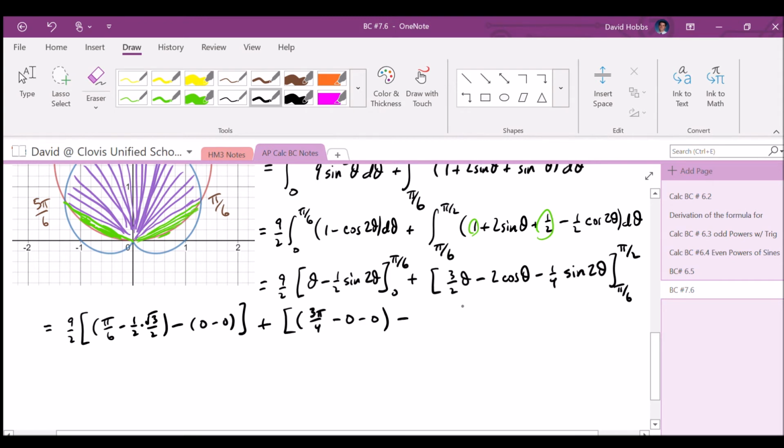Okay, 3 over 2 times pi over 6, that's 3 pi over 12, otherwise known as pi over 4. And cosine pi over 6, that's root 3 over 2 times 2, so negative root 3. 2 times pi over 6, so that's pi over 3. Sine pi over 3 is root 3 over 2.